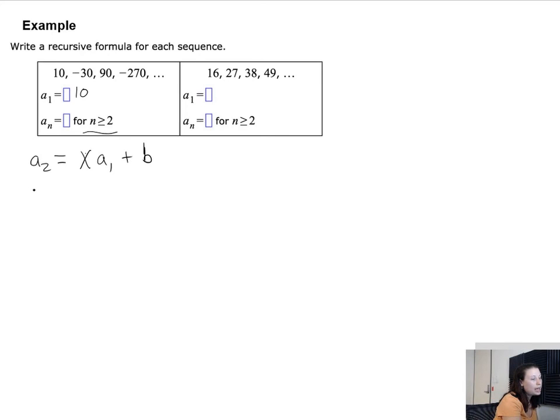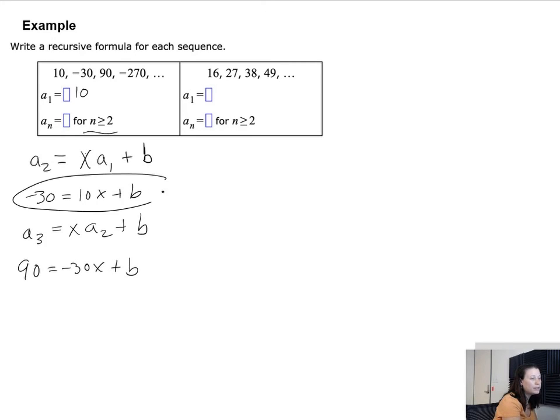So then A2, which is negative 30, is equal to x times A1, which is 10, so 10x plus b. Well, then we can set it up also for A3 is equal to x times the previous one, A2, plus b. So A3 would be 90 is equal to A2, negative 30x, plus b.